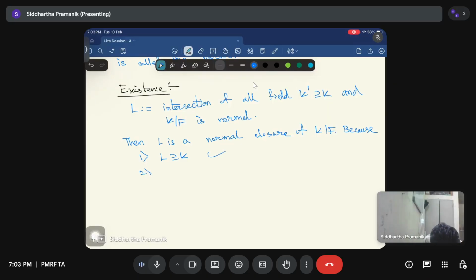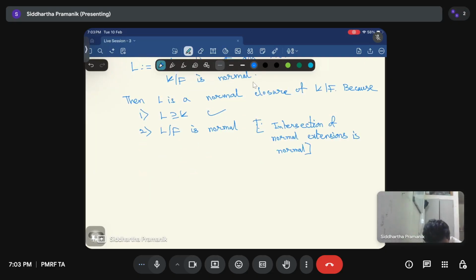And second of all, L over F is normal. This is because the intersection of normal extensions is again normal. So this is a normal extension and it contains K. And why is it smallest?